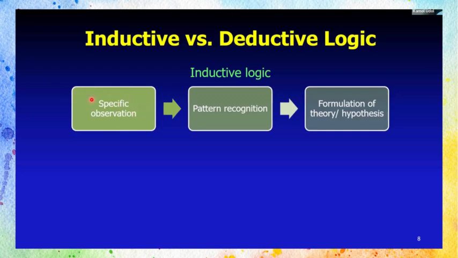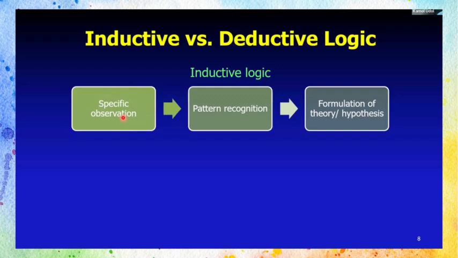So these were the observations, and this pattern of correlation or relationship between cholesterol and cardiovascular disease was observed consistently in the past.